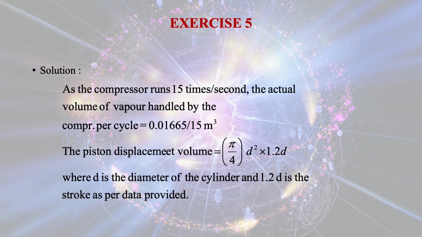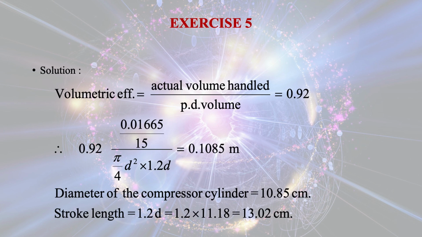The piston displacement volume is equal to pi by 4 d square multiplied by 1.2 d. Here d is the diameter of the cylinder and 1.2 d is the stroke length. The volumetric efficiency is equal to actual volume handled divided by piston displacement volume, and it is given as 0.92.